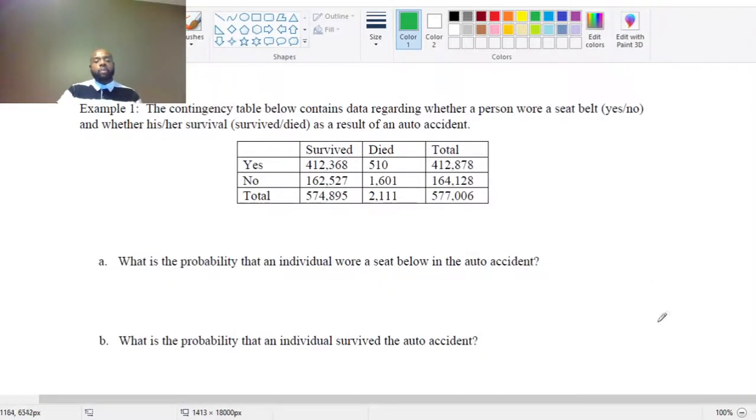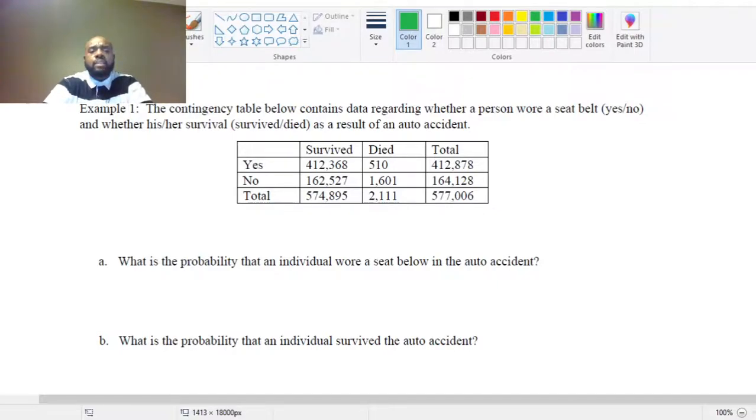And what we're going to do now is get to some examples of calculating probabilities. This is one where we have some data on two categorical variables, right? When we have a table that represents a numerical summary of categorical variables, we call it a contingency table. So the contingency table below contains data regarding whether a person wore a seatbelt or not, given by yes or no, and whether he or she survived or died as a result of an auto accident.